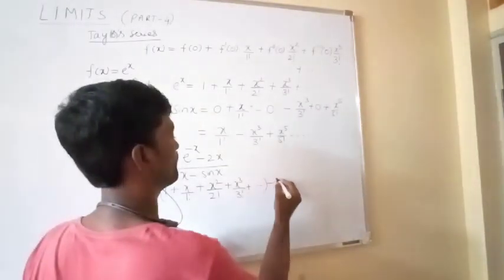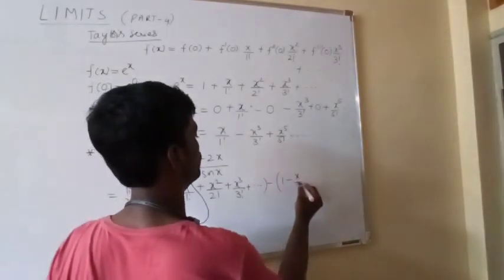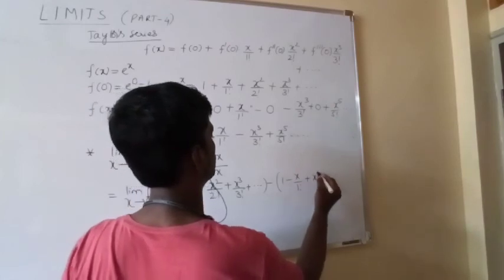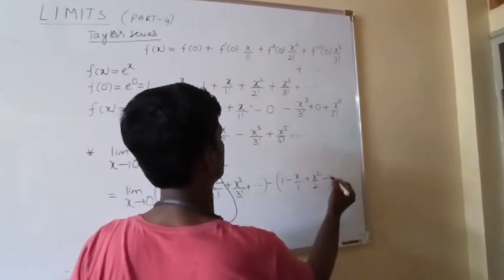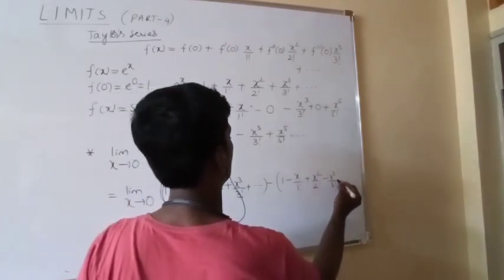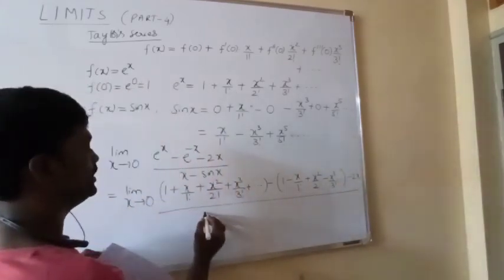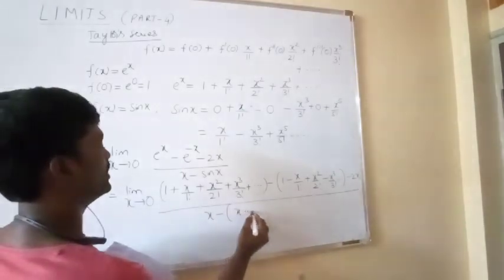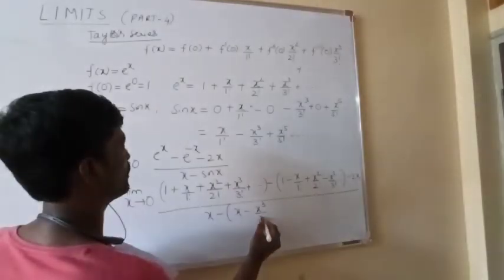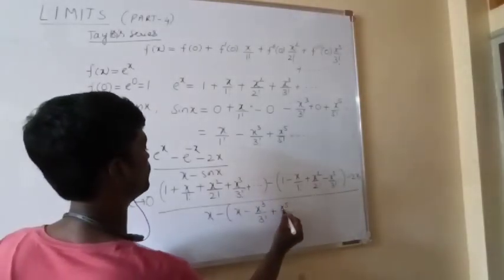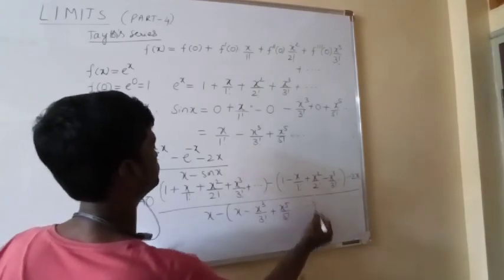Minus, e power minus x: 1 minus x by 1 factorial plus x square by 2 factorial minus x cube by 3 factorial, and so on, minus 2x, divided by x minus sin x expansion: x minus x cube by 3 factorial plus x power 5 by 5 factorial, and so on.